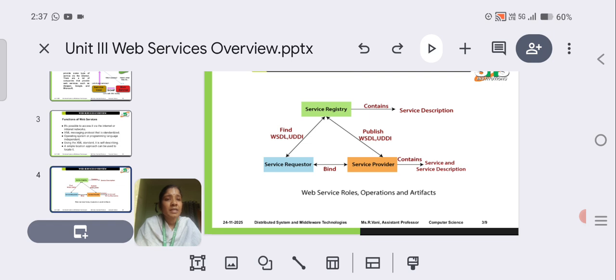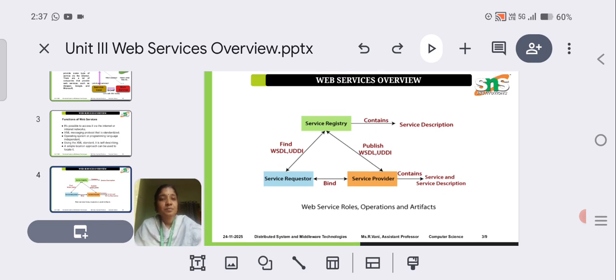Here it contains from whom the user claims the information and what information they receive. If any error occurred during the transformation of information, it will be notified in the service registry and displayed to the service requester as well as the service provider in a separate manner.